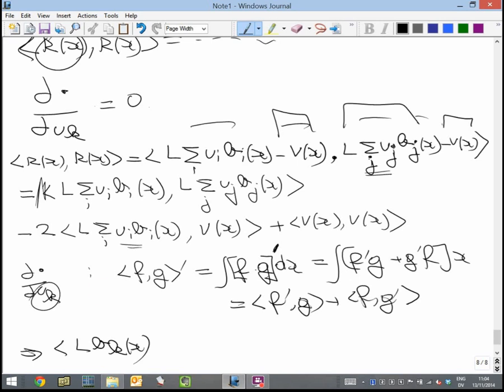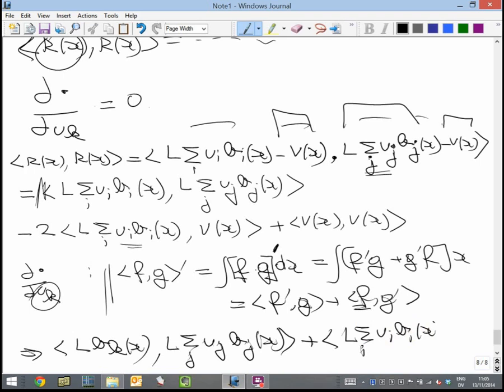So we just follow this recipe here. We took the derivative of the first factor. Now let's copy the second factor. That's L summation over j u_j b_j of x. And then we need to take the sum of just having f. So we copy f. That's L the summation over i u_i b_i of x.